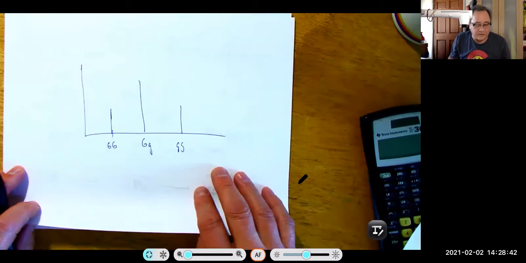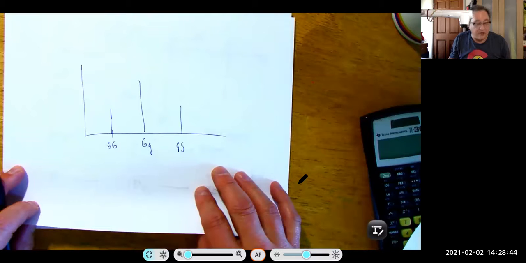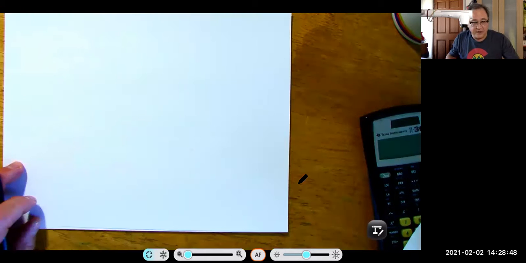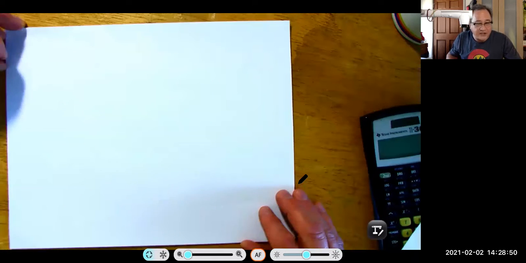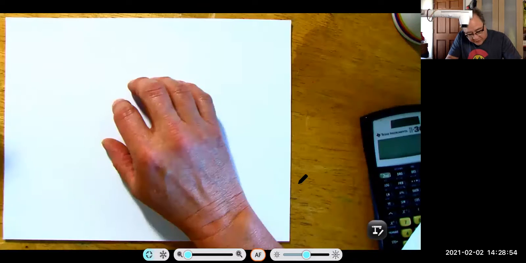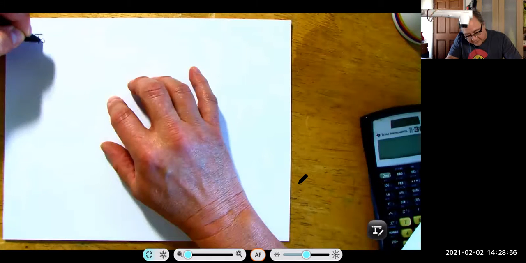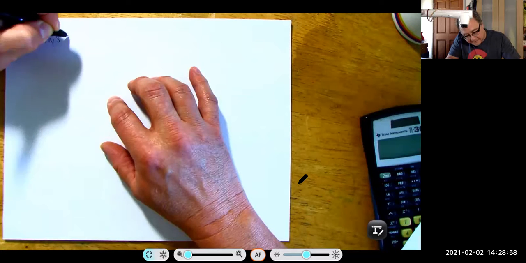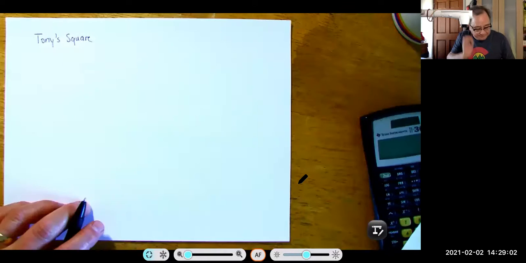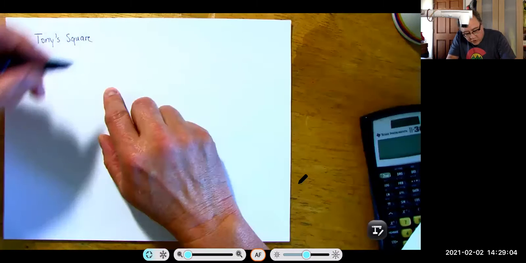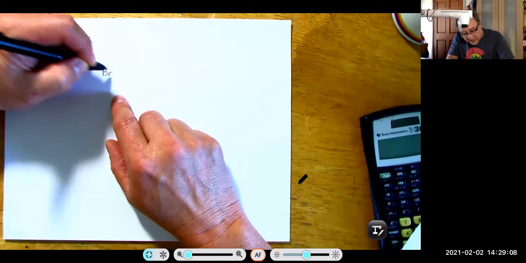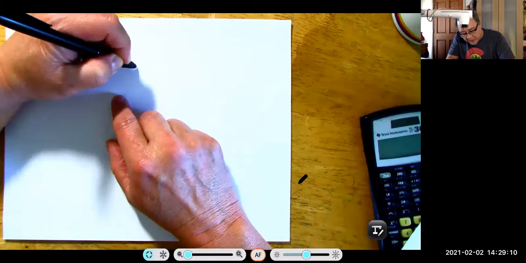So in this class, we do something called Tony square instead of a Punnett square. It's not catching on across the nation. Chemistry classes aren't calling it Tony square everywhere, but maybe someday. So here's Tony square. You could have a bromine 79 or a bromine 81.